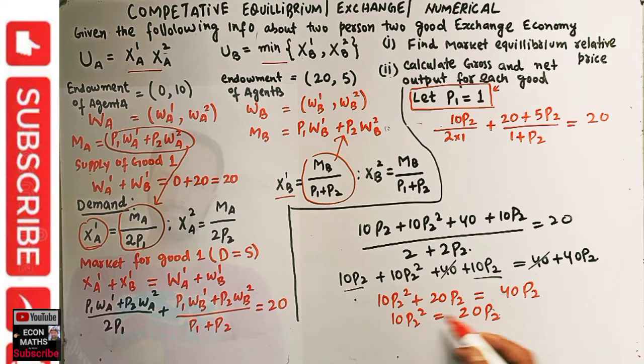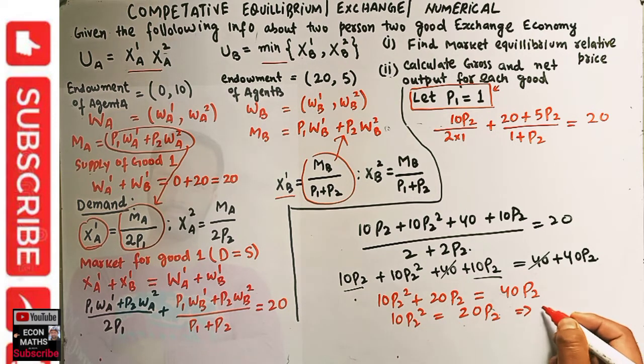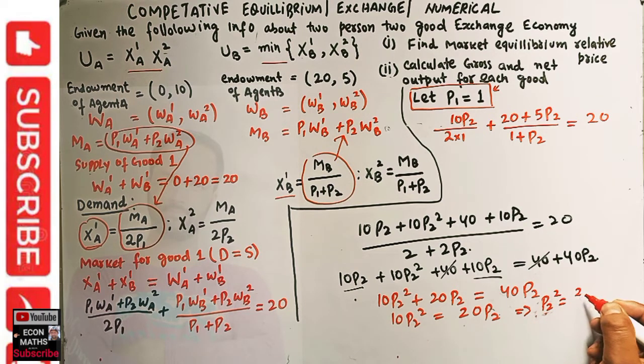We have p2 here and p2 here, so we can cancel one p2. Am I doing the calculation right or not? Let me see. Yes, I am doing it perfectly right. So 20 upon 10 into p2. We can cancel one p2, which means p2 is equal to 2. So the price of good 2 we got is 2.